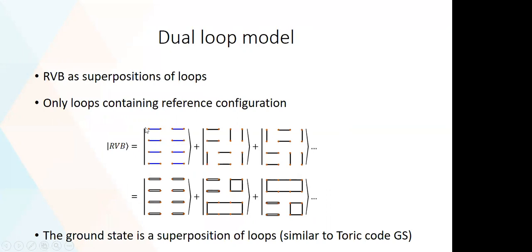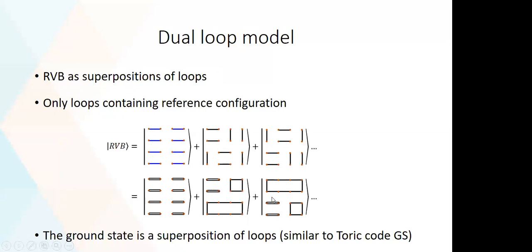So if we started with, let's say, this resonance valence bond state, with the first one as the reference dimer state, then instead of these pictures, we'll have these pictures. Just a different way of writing things down. And now instead of superpositions of dimers, we have superpositions of loops.